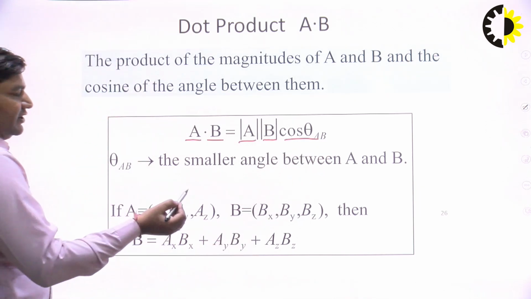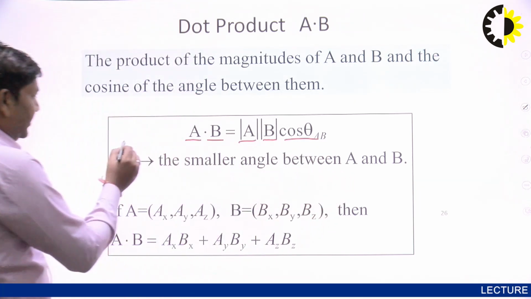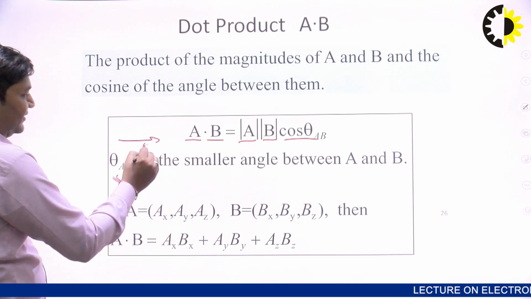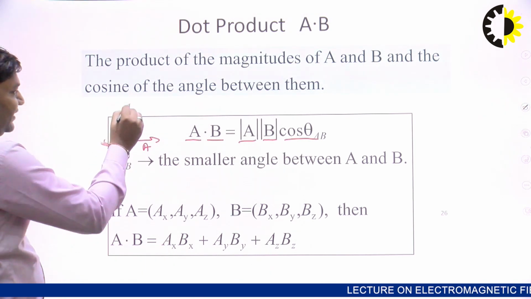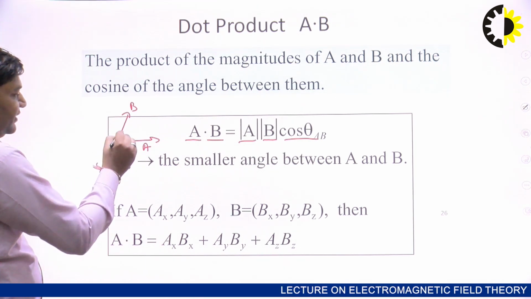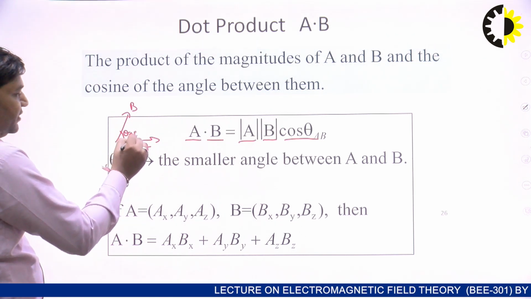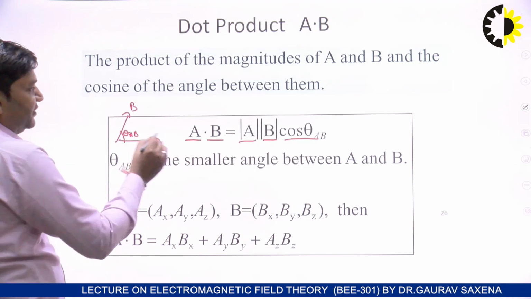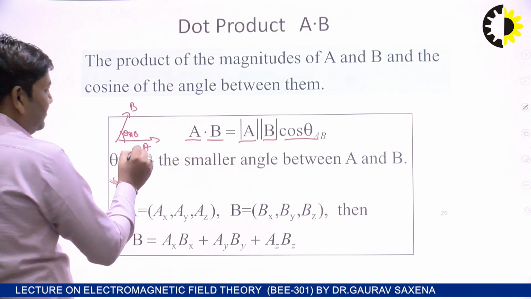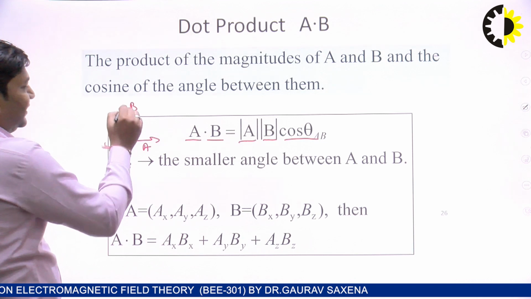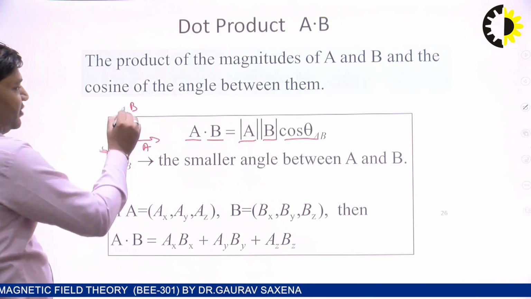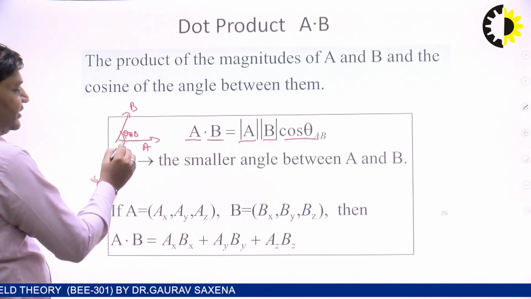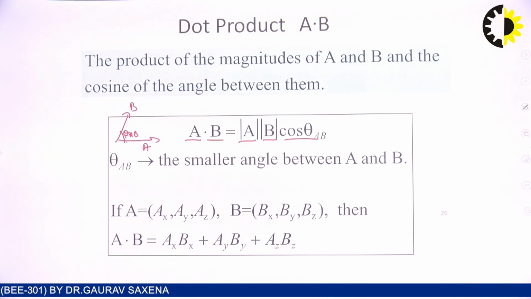If vector a is defined here and vector b is defined here and the angle between them is theta ab, then a dot b is equal to mod a, mod b, cos theta ab.